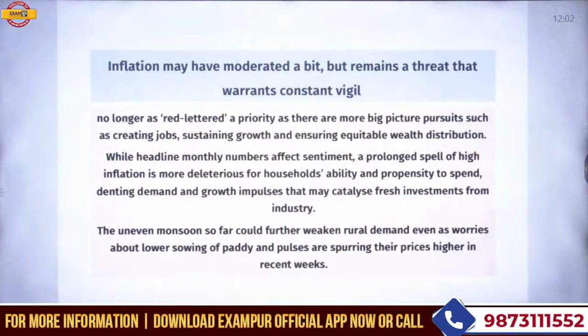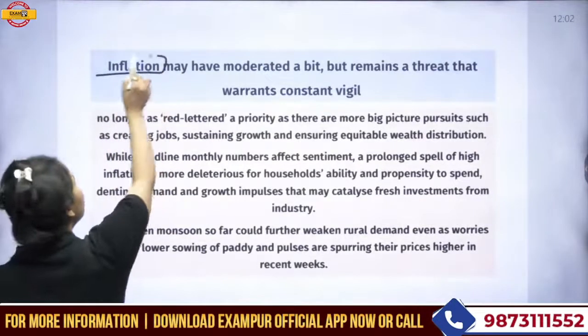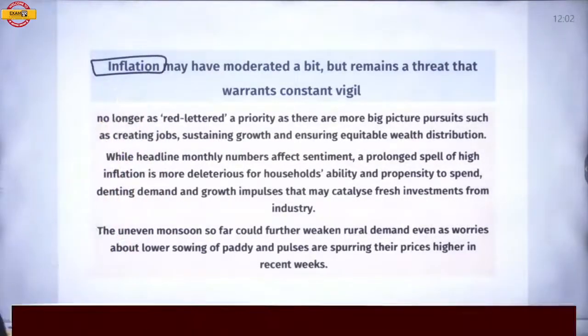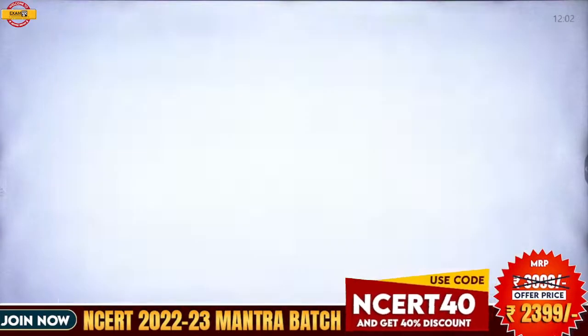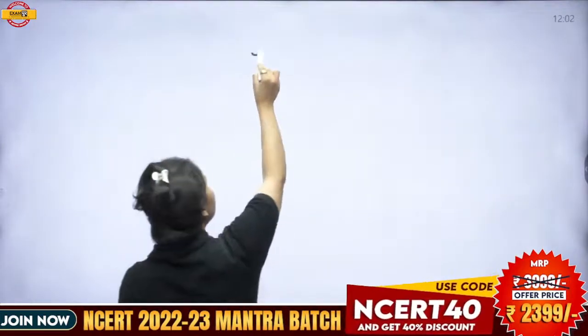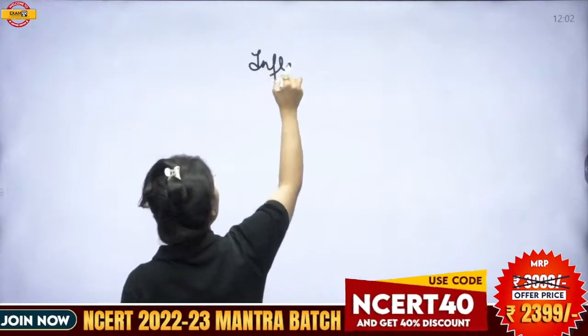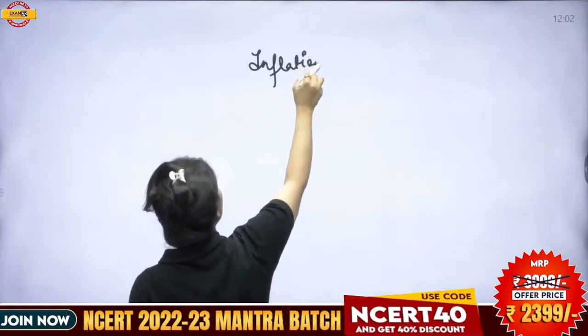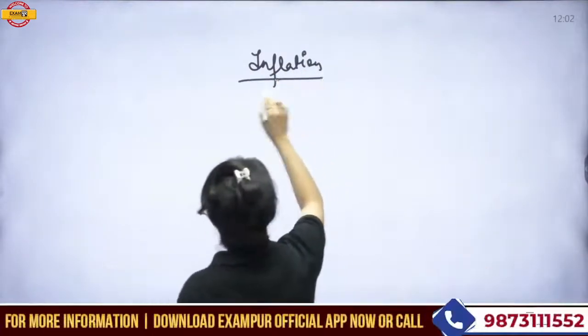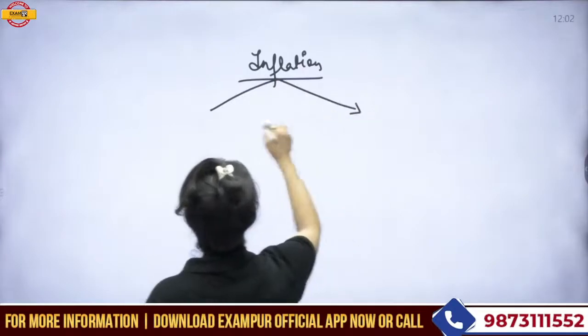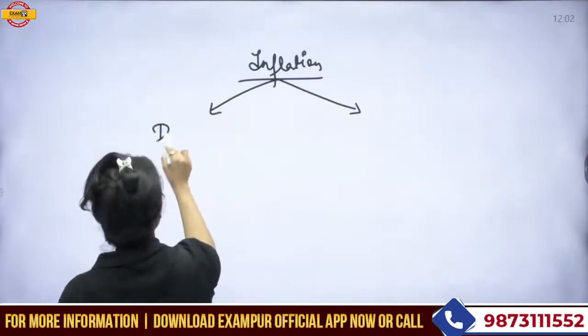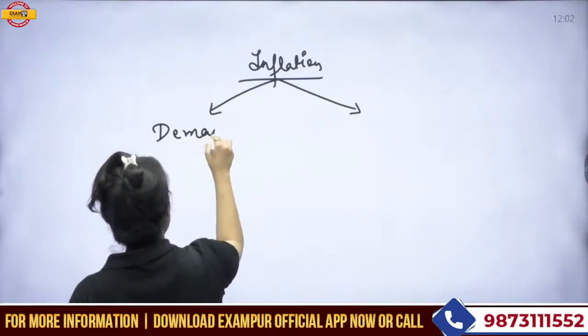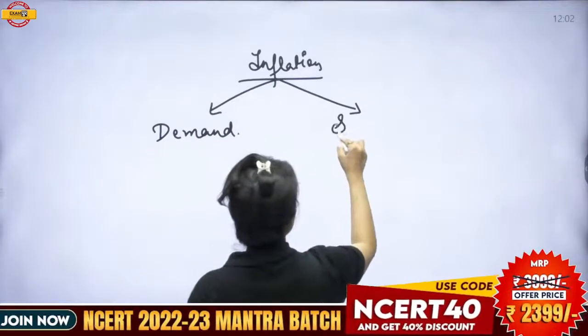Okay, so inflation is a kind of picture, and we can get a glance. Inflation is not always a negative indicator for the economy. If you have to understand the word inflation, we can divide it in two segments, on the basis of demand and on the basis of supply.